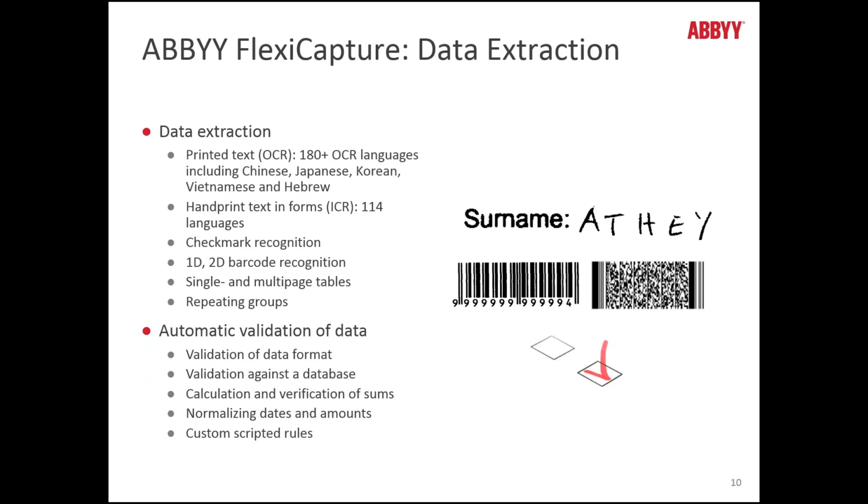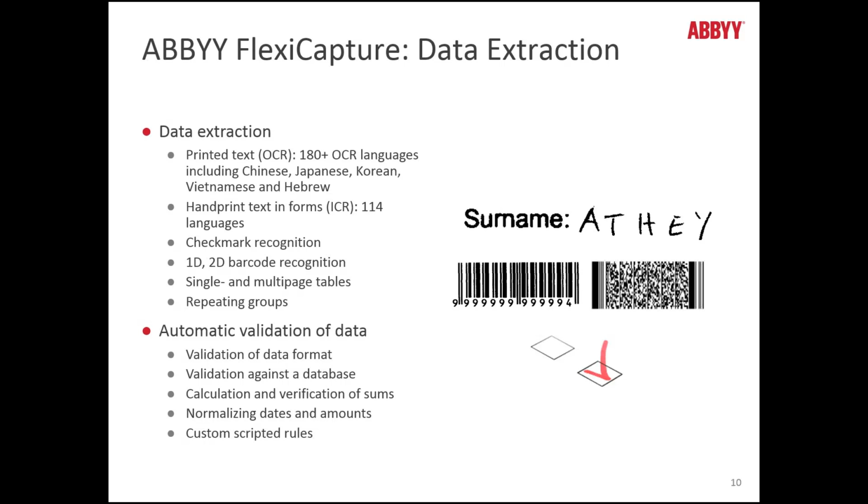The next step is an automatic validation of the data, and this is extremely important in making sure that what we're putting into your systems is correct and accurate data. So as we're reading information off the document, we can take a piece of data and validate that against existing data that you may already have in your system.